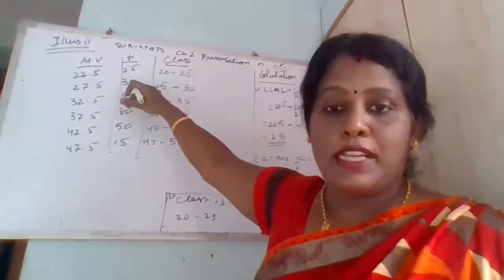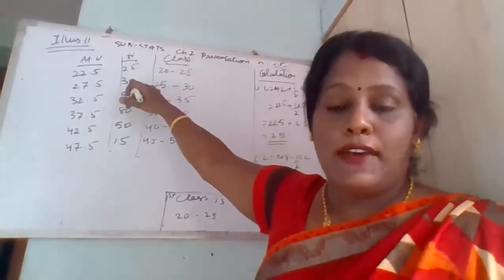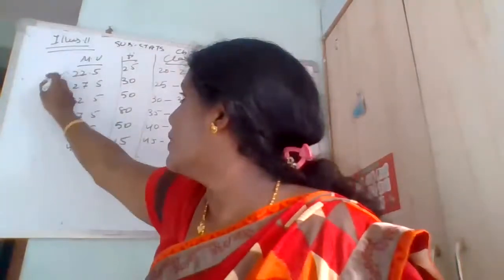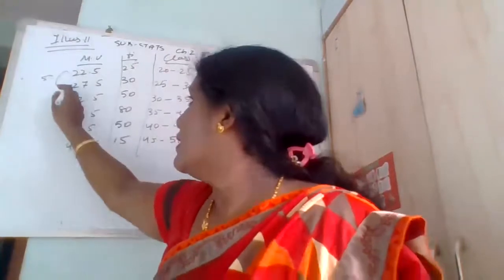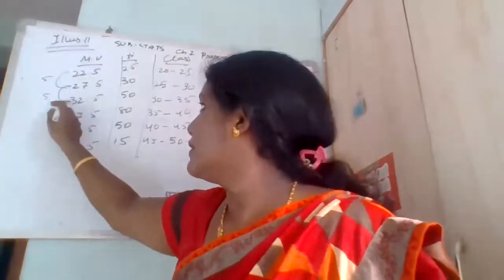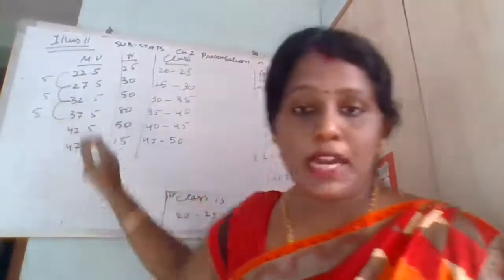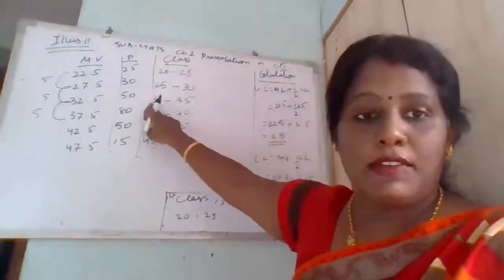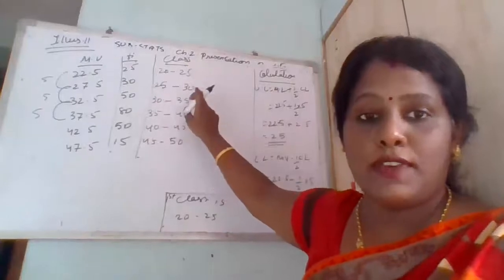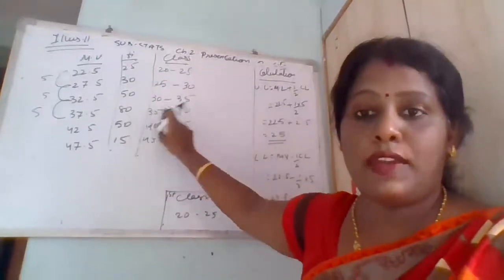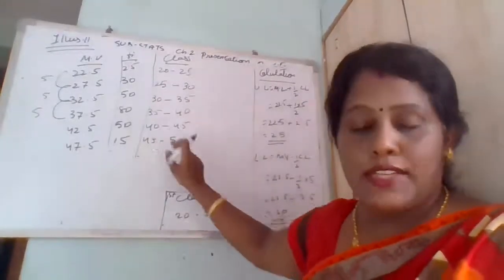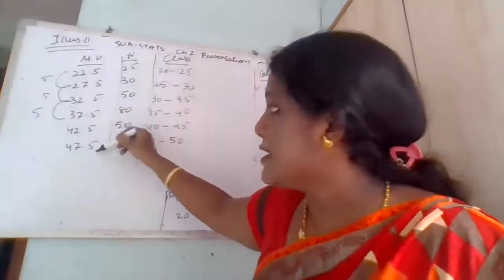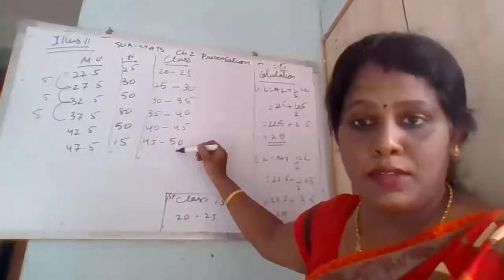It is not said that it is an exclusive class, then also we are assuming it as an exclusive class, right? So exclusive class है, exclusive class को तो ये यहाँ का नंबर यहाँ पर आएगा ही, तो 25 यहाँ पे लिखा, तो फिर 25 प्लस 5 30, because the class length is equal, that is class length यहाँ से मिला, देखो इन दोनों का डिफरेंस क्या है 5, सबका डिफरेंस 5 है। तो 25 to 30, फिर ये 30 हमने वहां लिखा, फिर 30 प्लस 5 किया तो 35, तो ये 35 फिर से यहाँ लिखा, तो 35 प्लस 5 is 40. अब ऐसे हमको पूरा क्लास मिला, तो काउंट करो, ये 1 2 3 4 5 6, तो ये 6 तक जाना चाहिए, ये भी 6 ही होने चाहिए.